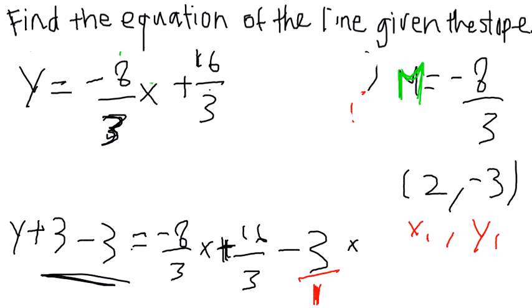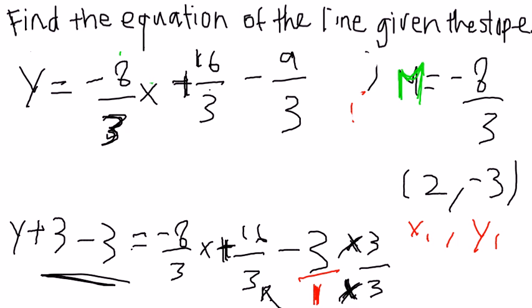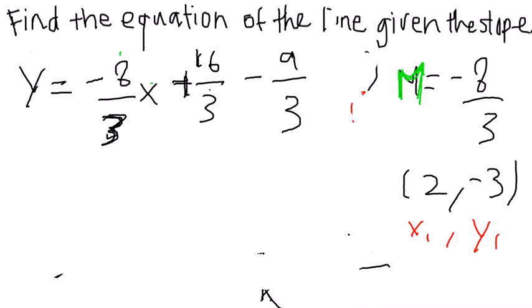Let's multiply the top and bottom by 3. Why? Because we need to make it a 3, and in order to make it a 3, we have to times 1 by 3. But whatever you do to the bottom, you got to do to the top, right? So, we're going to have plus 16 over 3 minus 9 over 3.